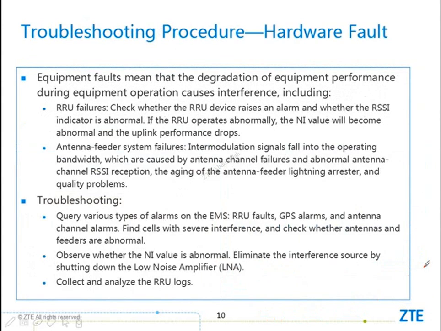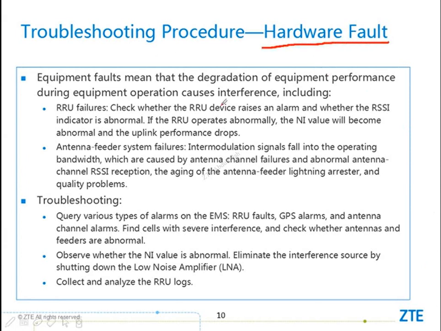Okay, and how to do the troubleshooting for the uplink interference? Actually, it's very clear that this uplink interference is for the intra-RAT. Okay, later we will learn the inter-RAT. For the intra-RAT, there are mainly two reasons. First is the hardware fault.